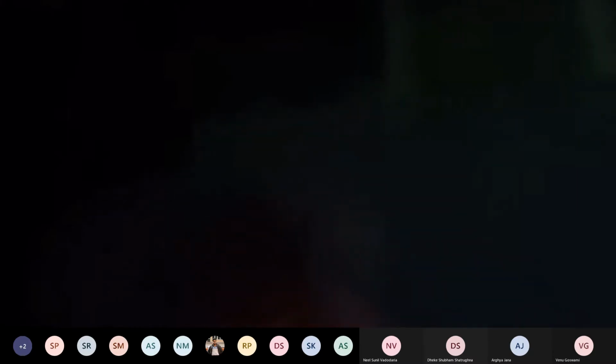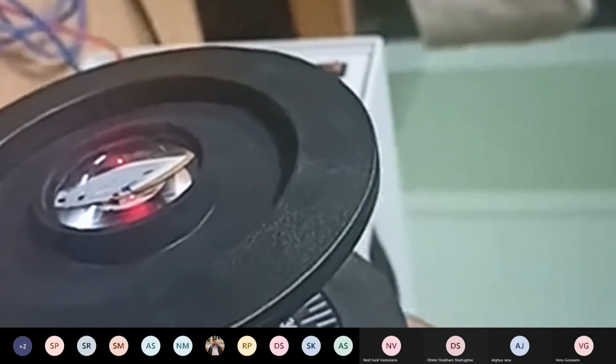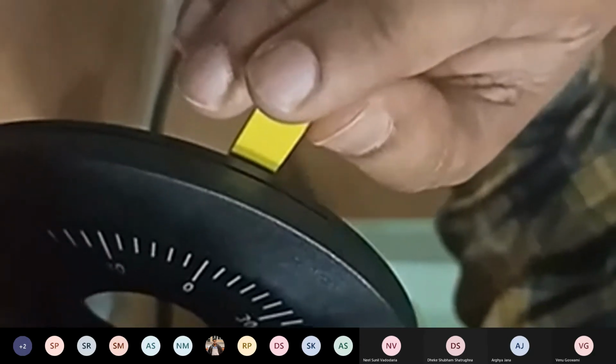Is it visible? Yes, sir. Okay. Now we'll set the angle of the analyzer and polarizer at 45 degrees. So this marker is now at 0, and this marker is at 45.